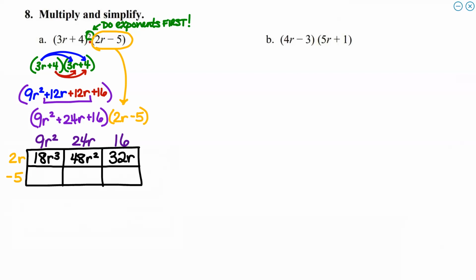So what is -5 times 9r squared? -45r squared.